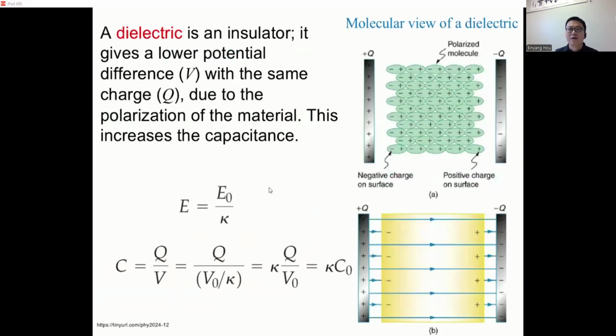And if you have an insulator in between the two plates, then you can increase the capacitance by a factor of kappa, which is called the dielectric constant of the insulator.